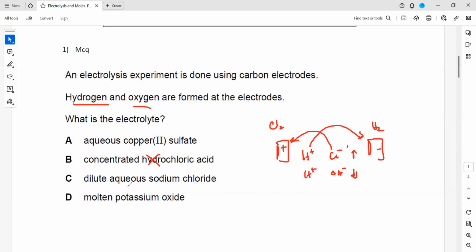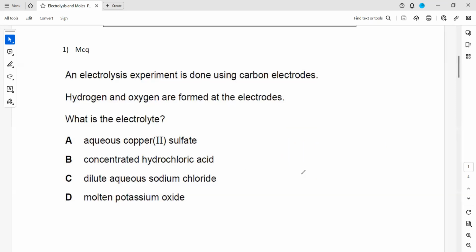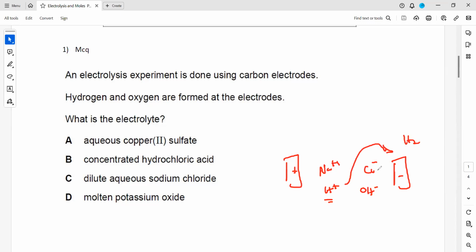When we check option C, aqueous dilute sodium chloride, we have two electrodes, anode and cathode. The ions present are sodium ion, chloride ion, hydrogen ion, and hydroxide ion. The less reactive positive ion will move, so hydrogen will move towards the cathode, and we'll get hydrogen gas.